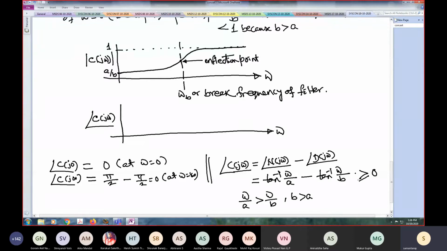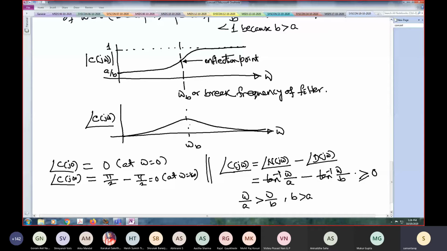At omega is equal to 0, it is 0. At omega is equal to infinity, it asymptotically tends to 0. At other places, it is positive. So that I will draw here. Omega B. So here it is 0. It becomes positive and again becomes 0.